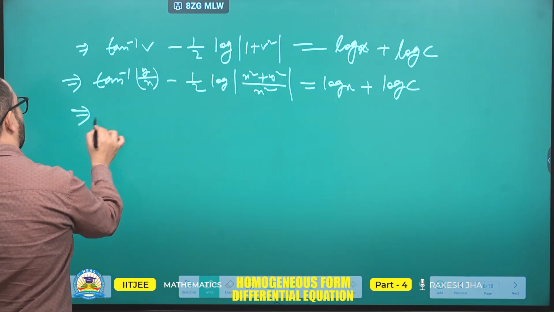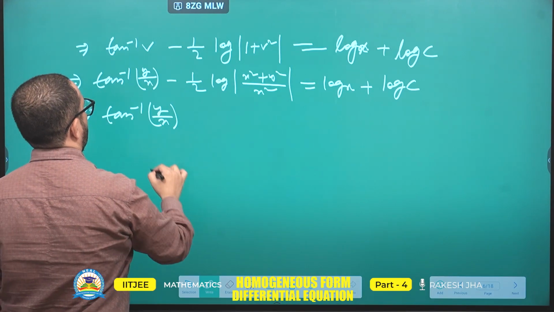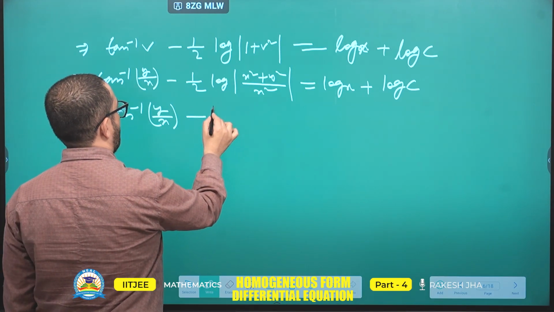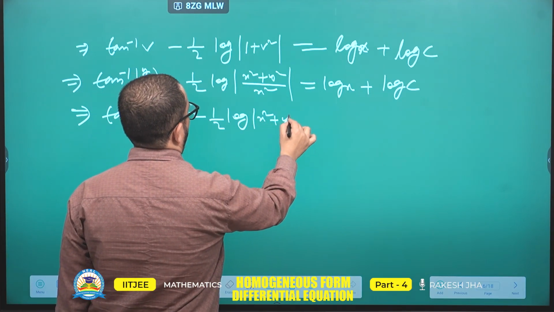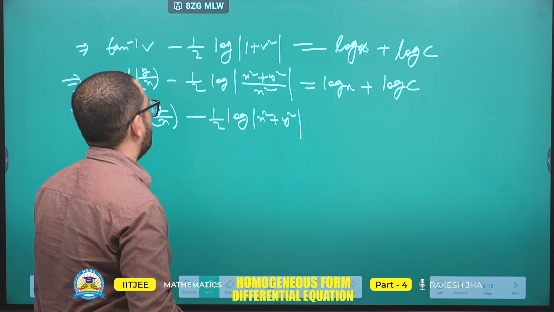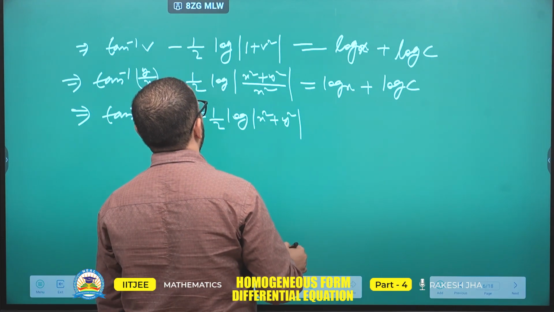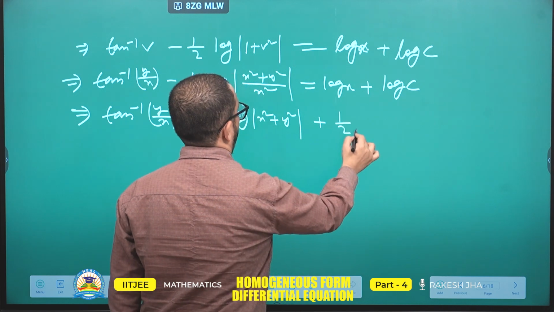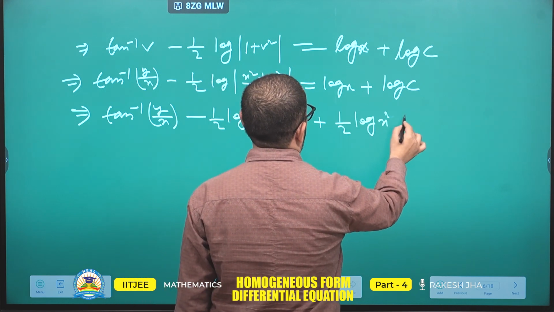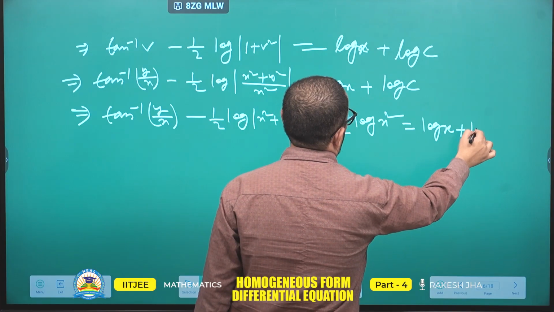So the next step would be tan inverse y upon x minus half log x square plus y square, and then it would be how much? Minus minus plus half log x square is equal to log x plus log c.